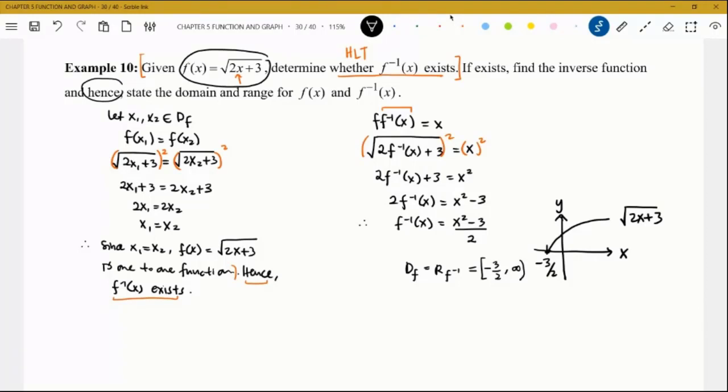Okay, untuk range of f sama dengan domain f inverse. Sebab dia cross. Okay, and then range daripada graph ini, dia start pada line y equal to 0. And then dia bergerak ke atas sehingga habis. Ini boleh panjang lagi. Okay. So end up will be 0 towards positive infinity.